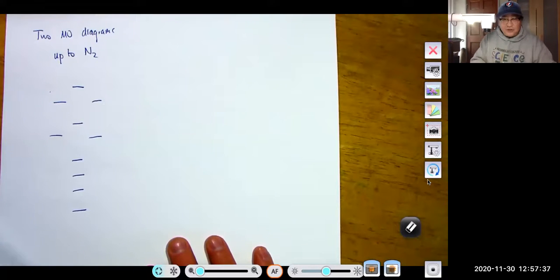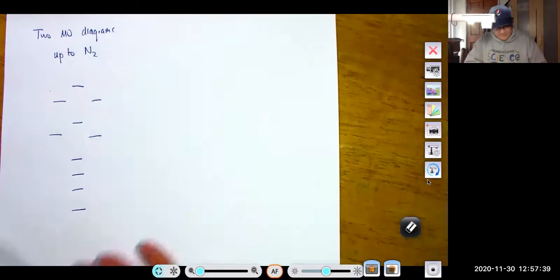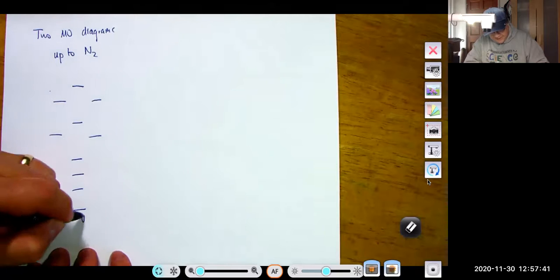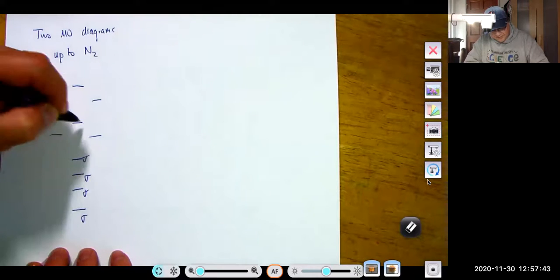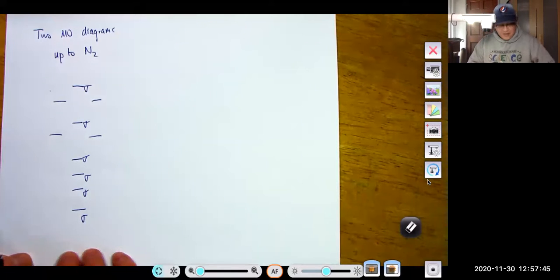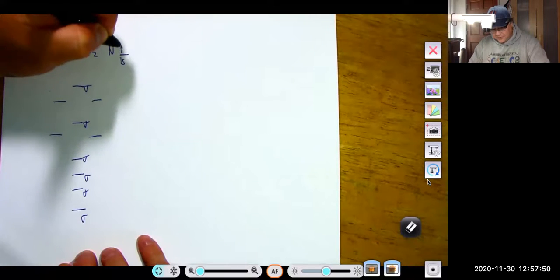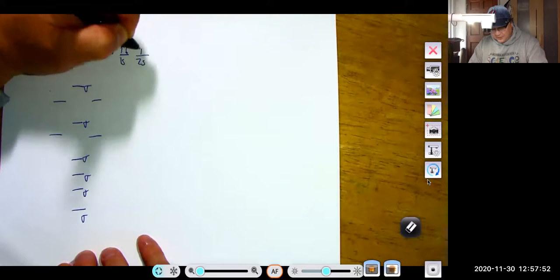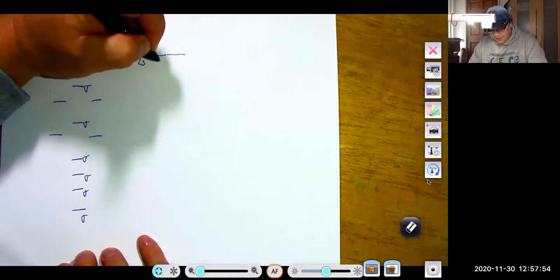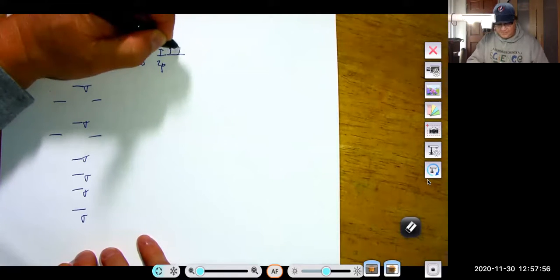All right, now let me show you how to label these. All of these in the middle are sigmas. And by the way, nitrogen is 1s2, 2s2, and 2p3.